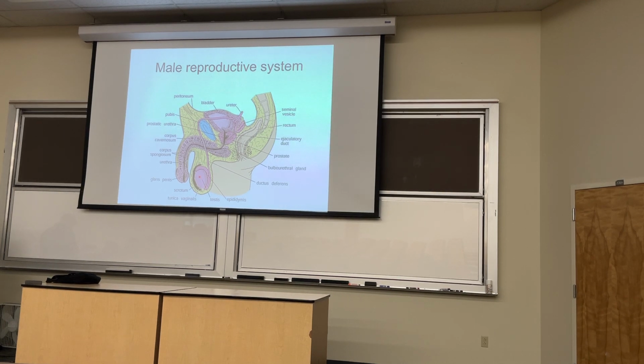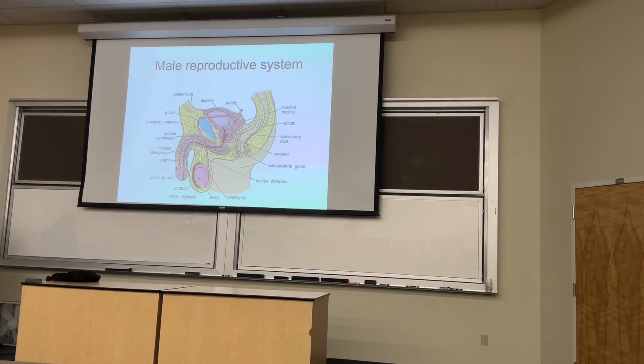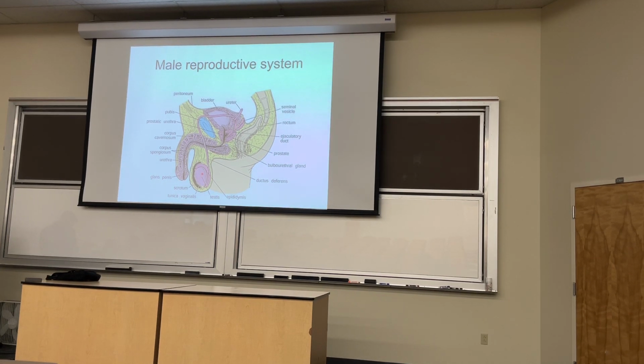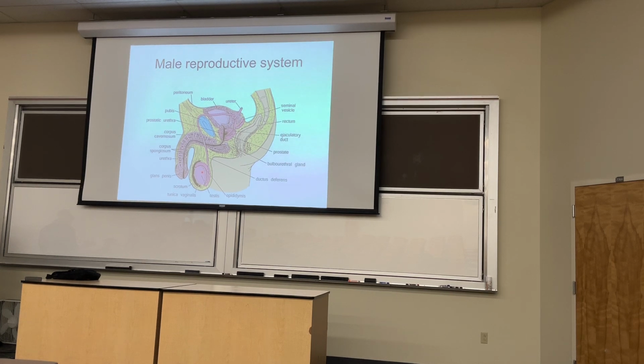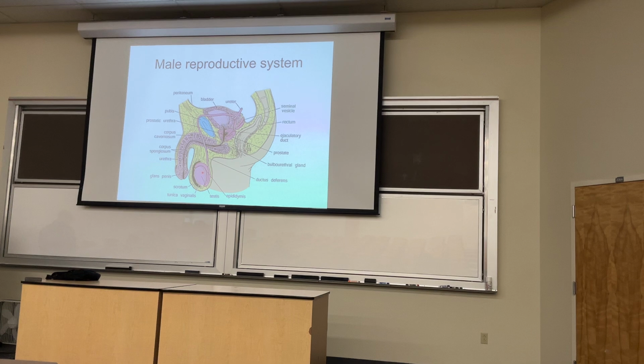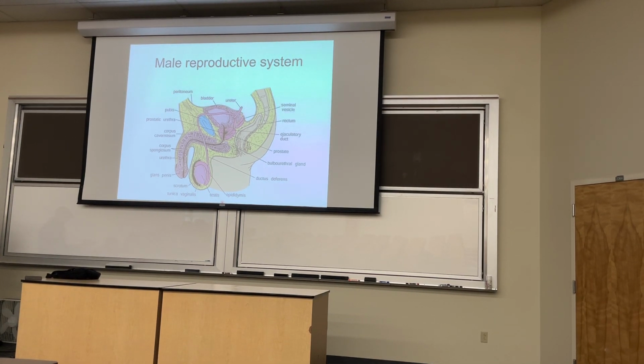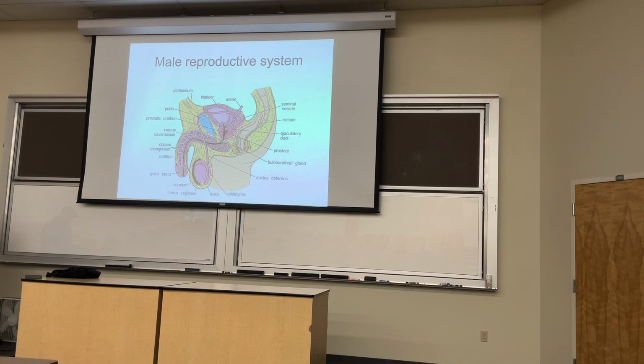The two testes are in a scrotal sac, and then the tubular system essentially goes from some structures called the seminiferous tubules to the rete testes to the ductus efferentis to the epididymis to the vas deferens, which is also called the ductus deferens.